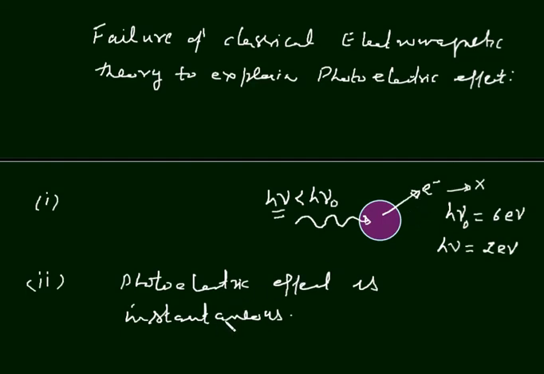Instantaneous means immediately. But in this case, when the energy is less than the required, classical theory says there will be ejection of photoelectron after some time. But practically, it never happened that electrons are ejecting after some time. If electrons eject, they will eject instantaneously. So classical theory fails here also.